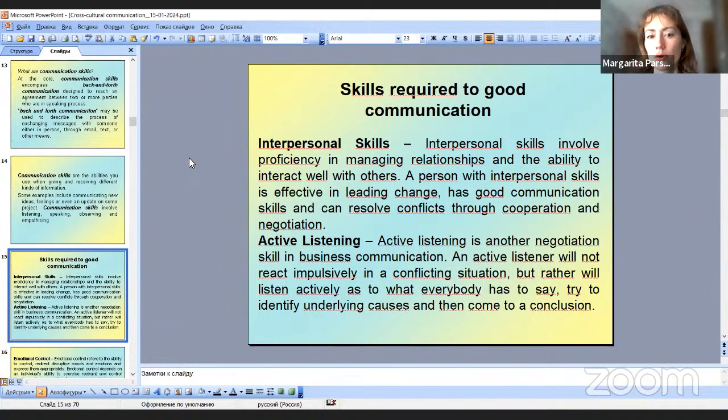Active listening, of course. These communication skills involve active listening. Active listening is another communication or negotiation point in every communication: in business communication, in our daily life communication.